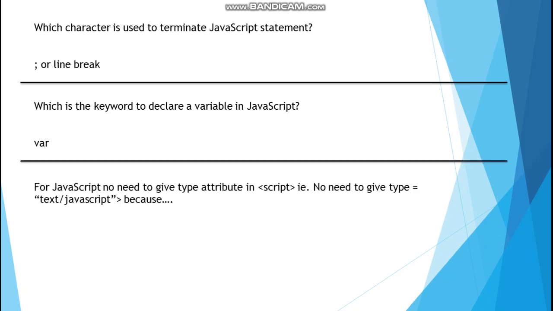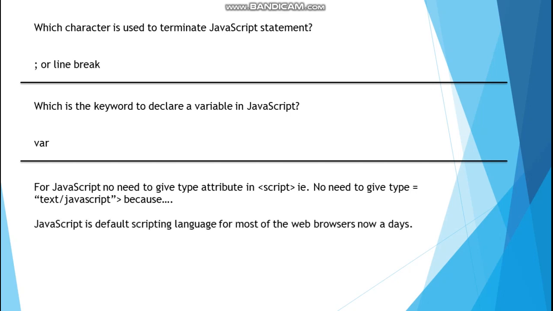For JavaScript, there is no need to give the type attribute in the script tag. That is, no need to give type is equal to text/javascript, because JavaScript is the default scripting language for most of the browsers nowadays.